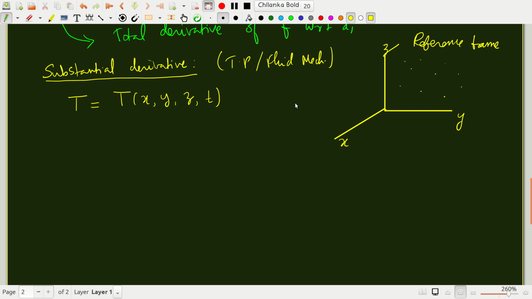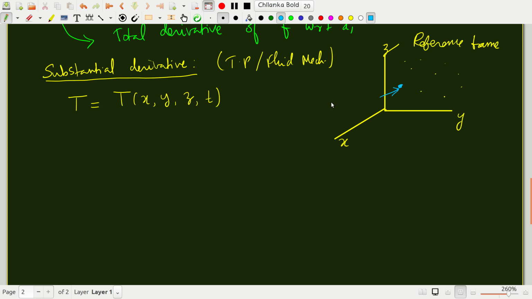Now often we are interested in looking at the variation at a given point. Let's say this is a point we are interested in.